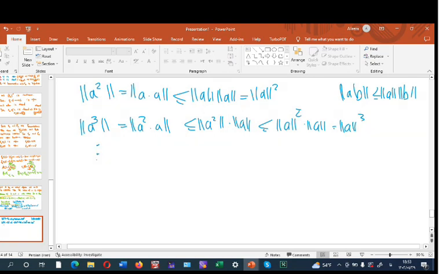And inductively we have this inequality for any n in natural numbers.